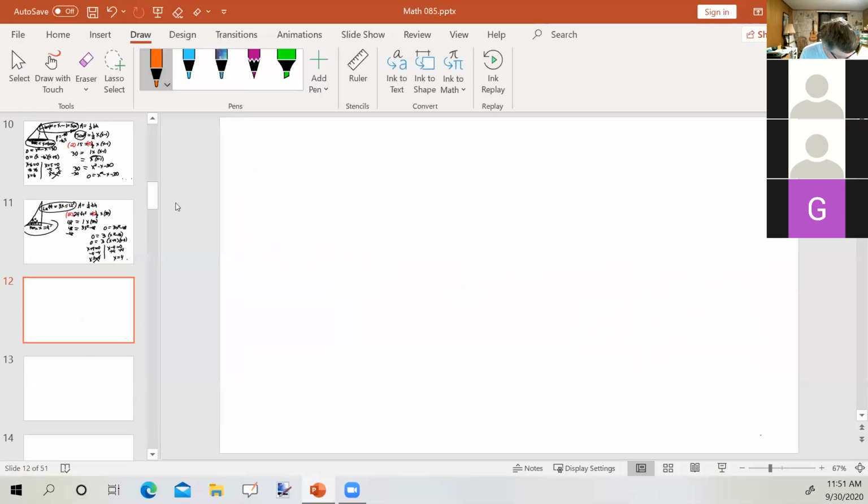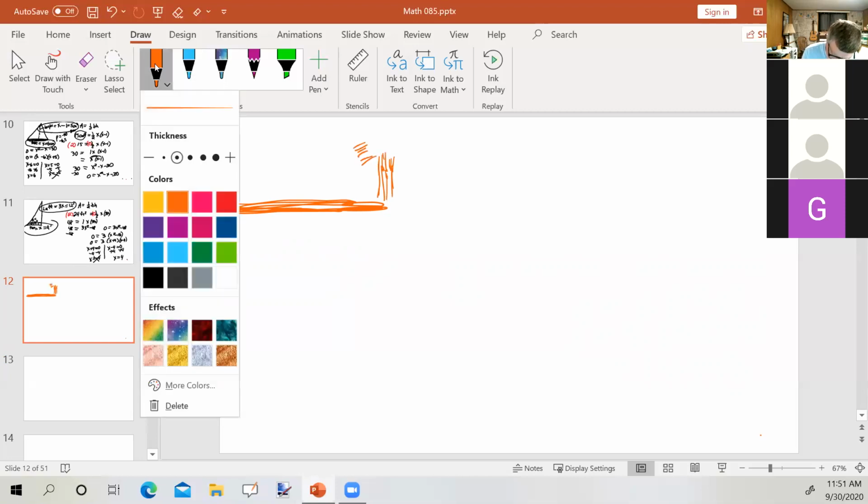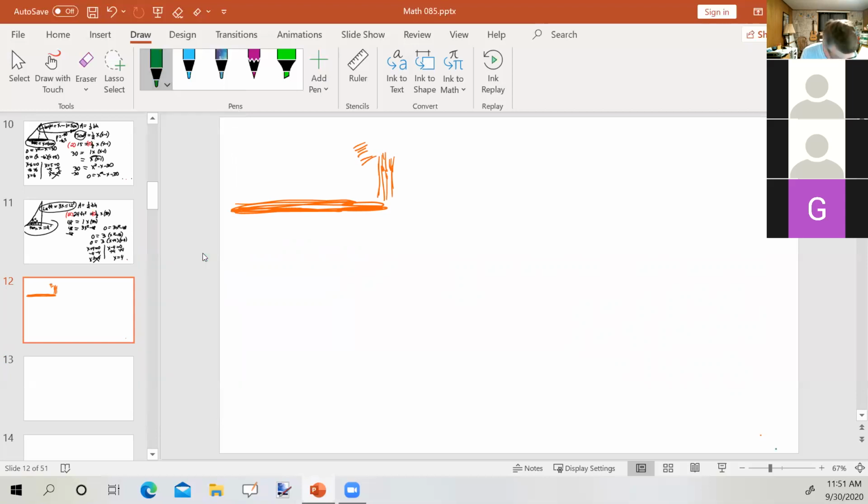This is supposed to be the dirt, and we've got this tree, and the tree broke in the wind.